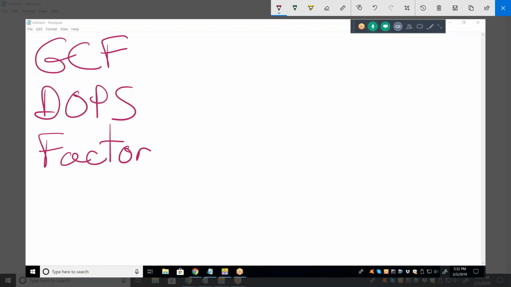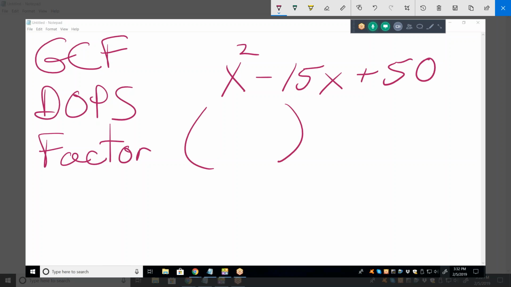Here's one, I guess. X squared minus 15x plus 50. Okay. We're going to assume this can be factored since they haven't taught you the quadratic formula yet. So do this step by step.